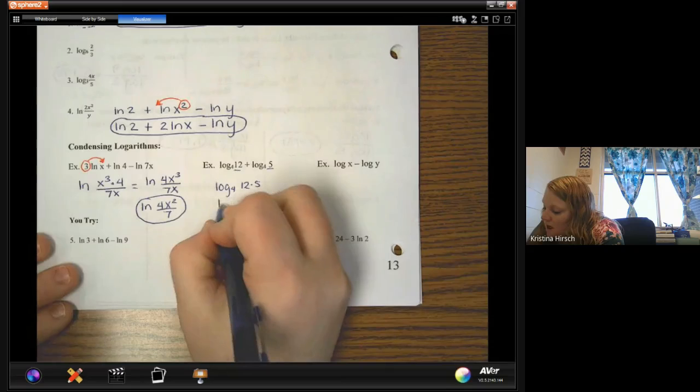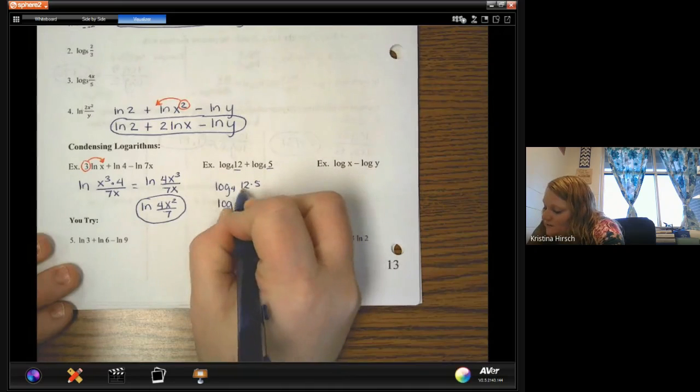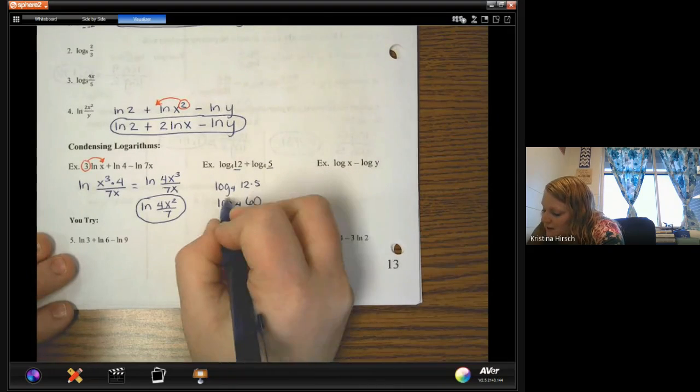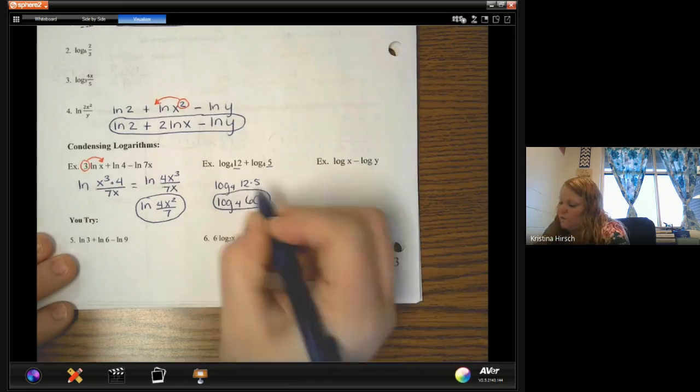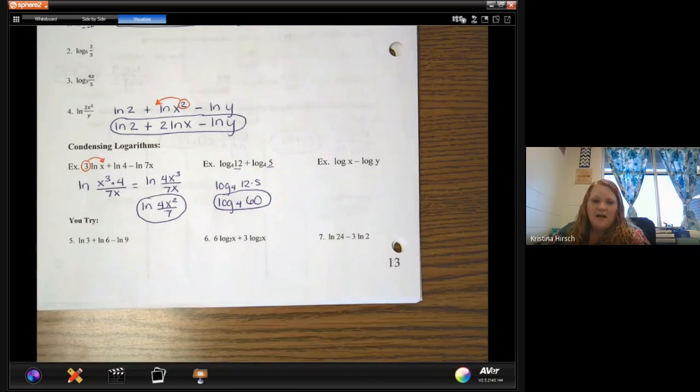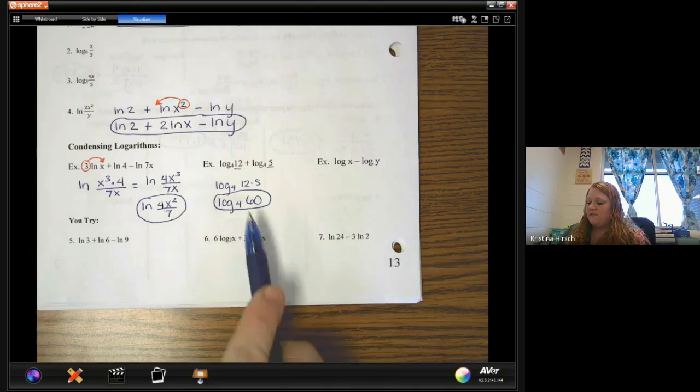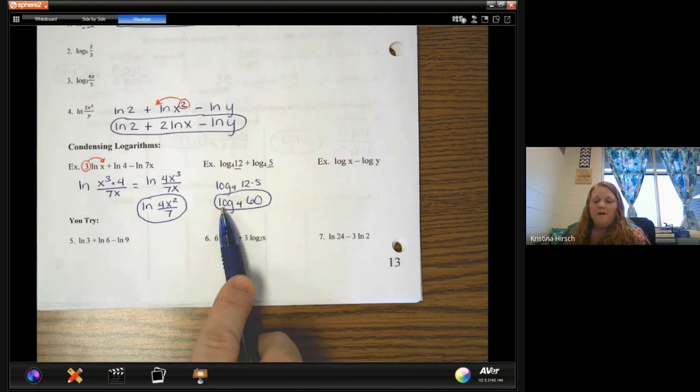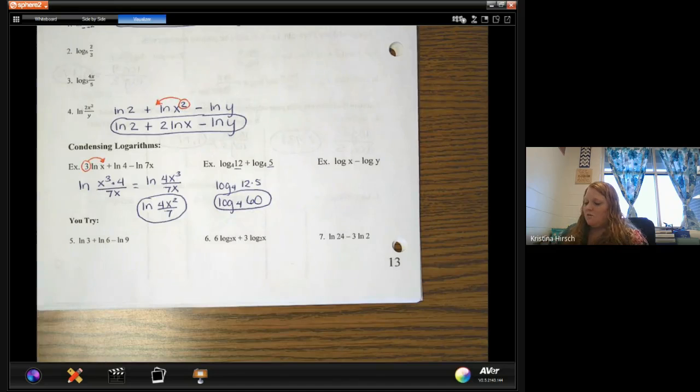So that would be the log base 4 of 12 times 5, which is 60. And we're going to leave it alone. You could technically convert that and get a decimal answer by using the change of base formula. You could do in your calculator the log of 60 divided by the log of 4 and get that decimal answer. But here we're just condensing down that logarithm, so I'm going to let it be.